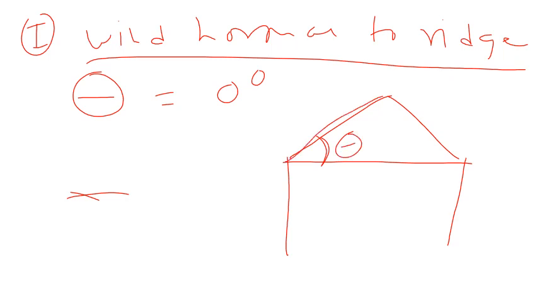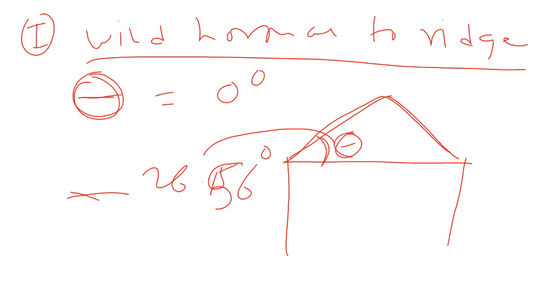This is called the roof angle, and this is 26.56 degree. So don't confuse between the two thetas. This theta is the direction of the wind, and I may call it theta 1. Theta 1 is the roof angle, that is 26.56.